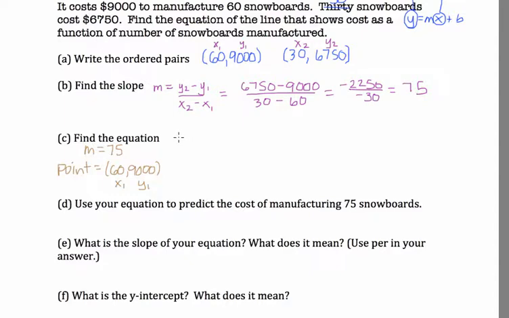Now, my point slope equation. y minus y1 equals m times x minus x1. Again, I'm going to remove the y1, the m, and the x1 and sub in my numbers. I'm going to leave the y and the x. Okay, and let's simplify that a little bit.